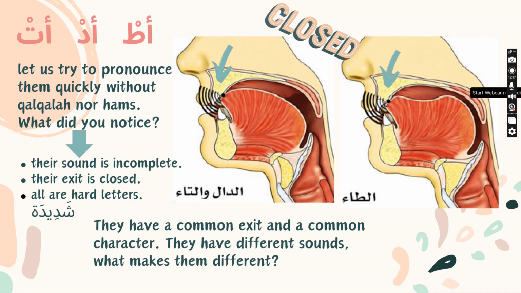No. Then they are lowered. So this is one difference. Ta is heavy and the dal and the ta are lower letters. So the ta, the sound heads towards the upper palate, the sound direction, while the dal and the ta, the sound just goes outside the mouth.